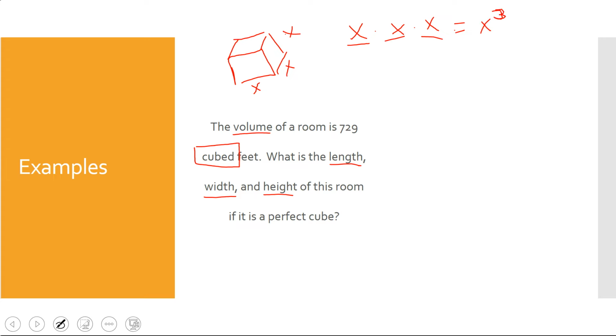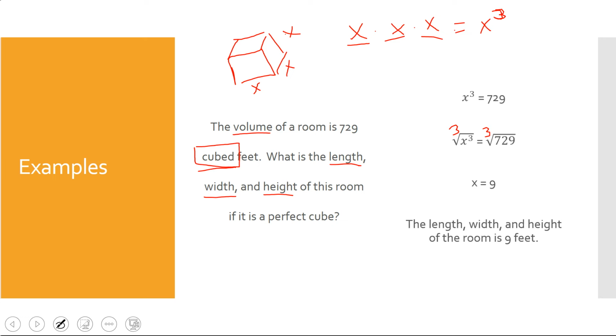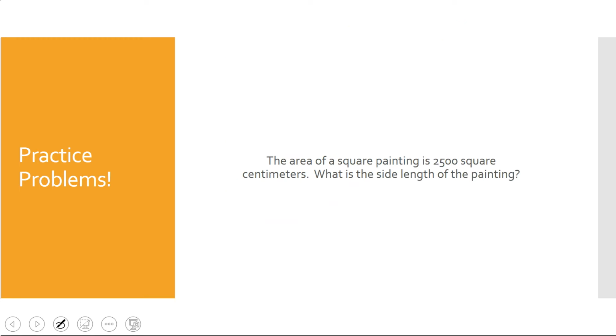And that makes sense because if you think about cubed feet, that means you're talking about a cube root. Okay? So when you create this equation, it's just x cubed equals 729. And to find your answer, you just cube root both sides, and that gives you x equals 9. So you know the length, width, and height of that room is going to be 9 feet.